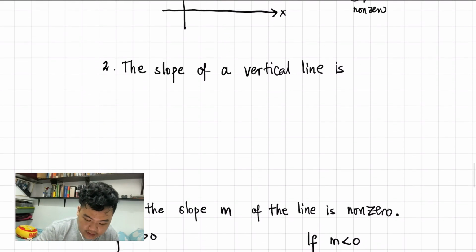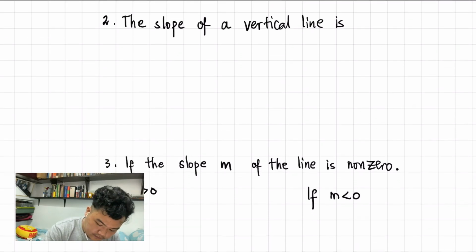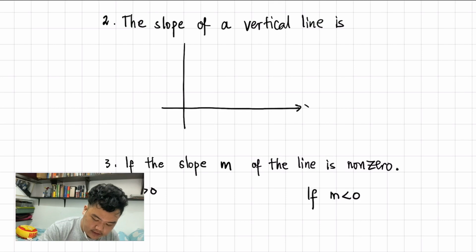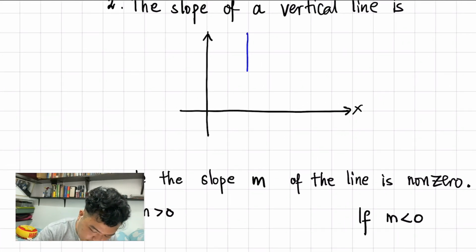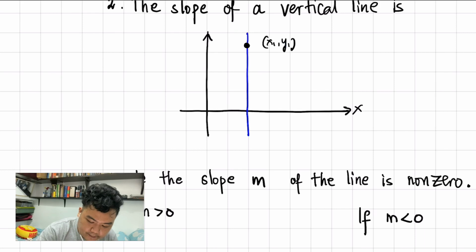And for the vertical line, okay, let's say this is our xy plane, and this is our line. Let's call the first point (x1, y1). Let's say this is the other point.